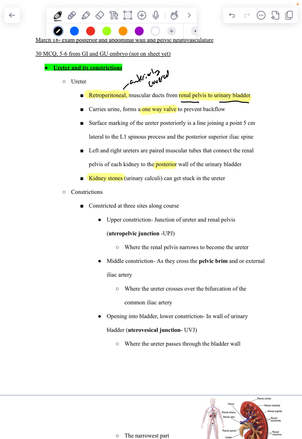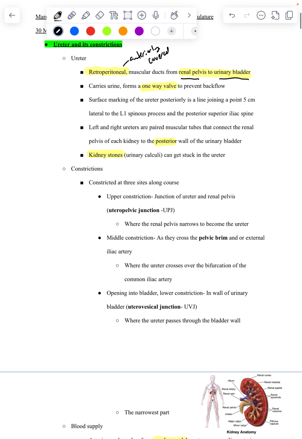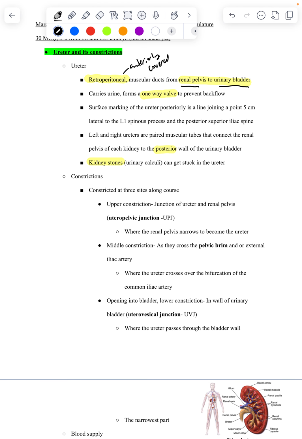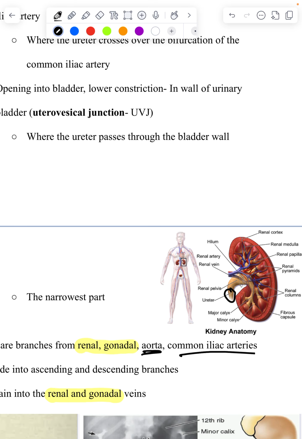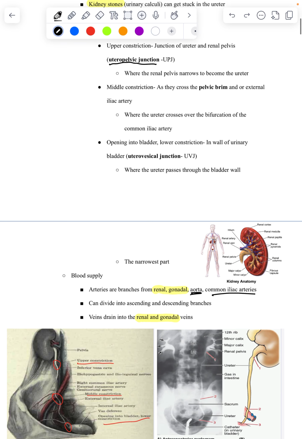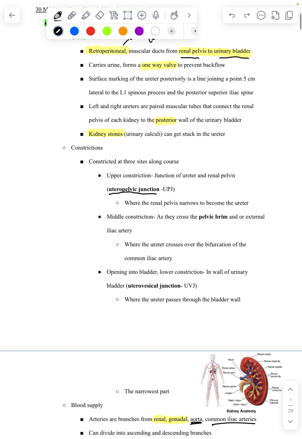So the 3 constrictions for the ureter are where it starts, so the uretero-pelvic junction, where the ureter comes off of the renal pelvis. And then the 3rd constriction is the uretero-vesical junction. Anytime you see vesical, that means bladder.